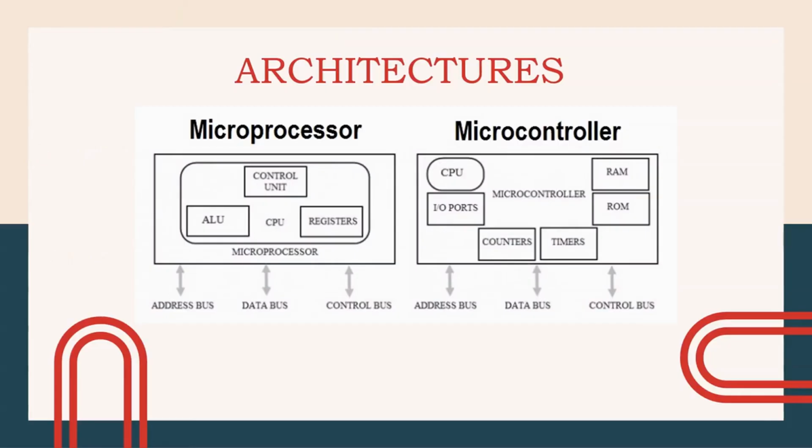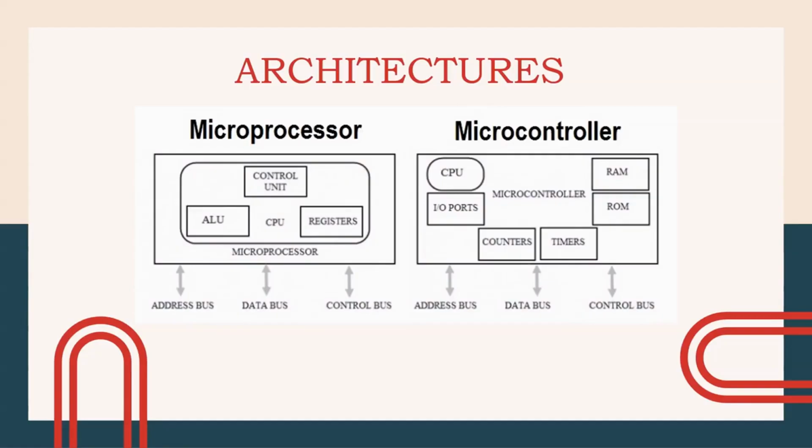These are the architectures of the microprocessor and microcontroller. In a microprocessor, there are three parts: one is the arithmetic logic unit, the second is the control unit, and the third is registers. To communicate with the system, there are an address bus, a data bus, and a control bus.